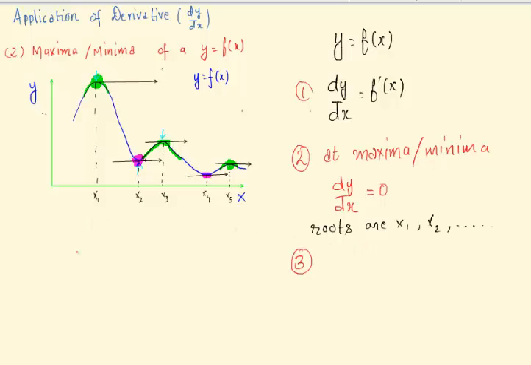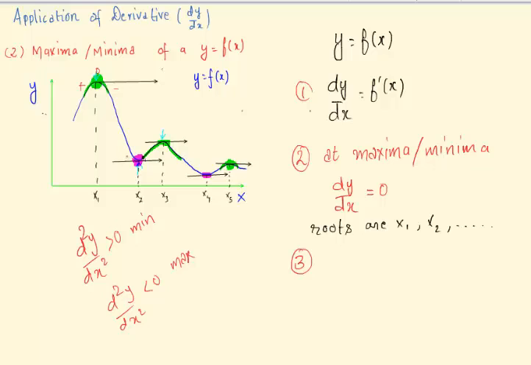For that we have understood that the double derivative should be greater than 0 at minima and double derivative should be less than 0 at maxima. Simply because at maxima the slope is positive first, then it goes 0 and then it goes negative. So the slope is decreasing, that implies its derivative should be less than 0.